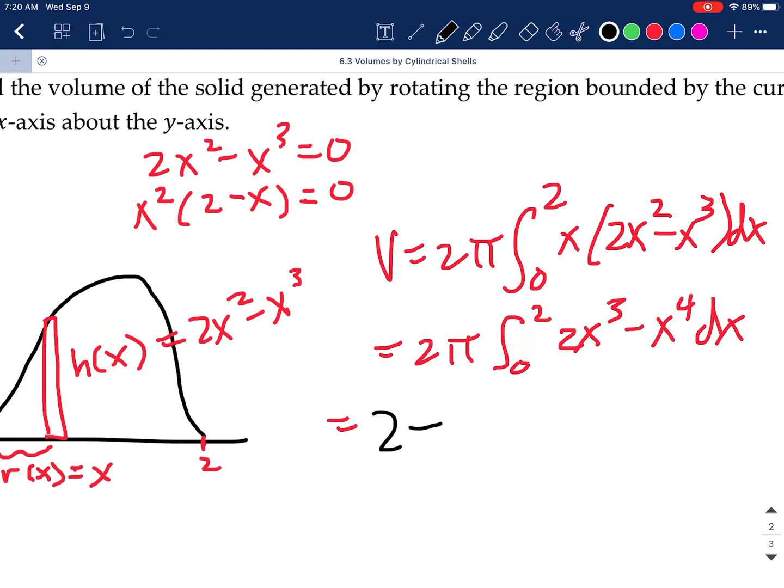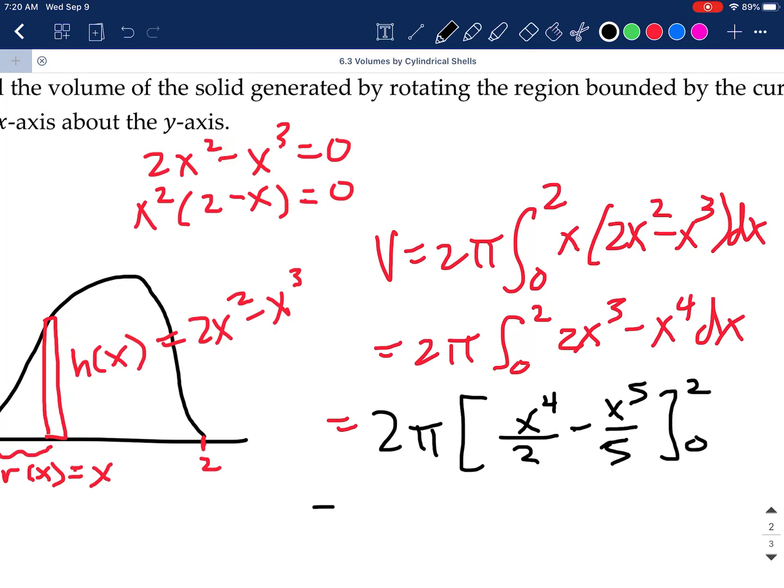And so what we're going to end up with is 2 pi times x to the 4th over 2 minus x to the 5th over 5, from 0 to 2. 2 to the 4th is 16, so we'll get 16 over 2 is 8, and then 2 to the 5th is 32, so minus 32 over 5, so we can change our 8 to 40 over 5.